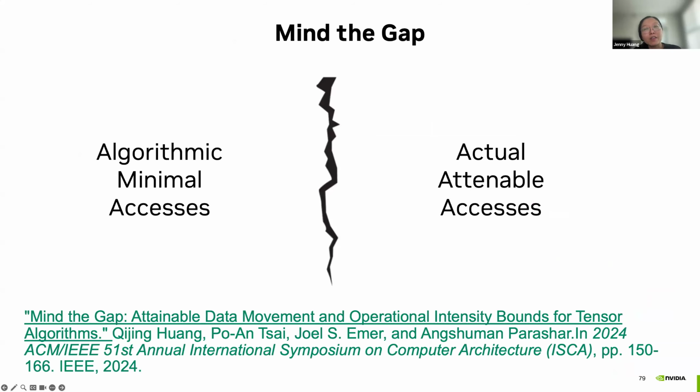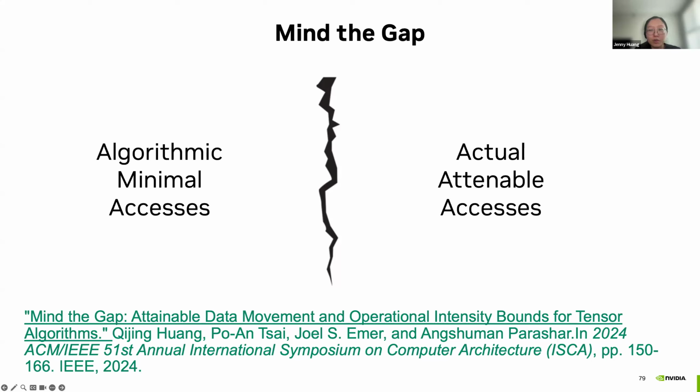And if we take a step back and think about what is missing from this simple roofline-based analysis, it might have already occurred to you that real workload implementations rarely operate with the algorithm minimum data movement or the optimal operational intensity. We're seeing a gap between the algorithm minimum data movement and the actual attainable data movement.